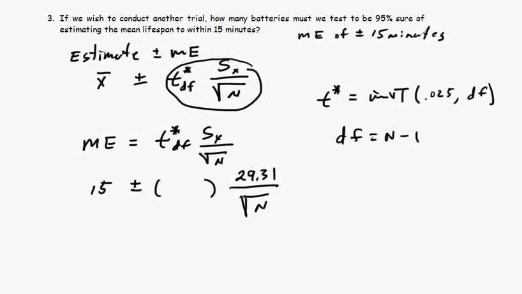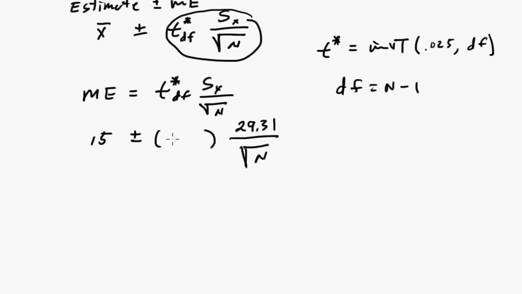So the shortcut is to say, well, let's start with a crude estimate. Let's use z star. So we'll take 15 plus or minus, and at a 95% confidence interval, that implies a z value of 1.960, you may recall.